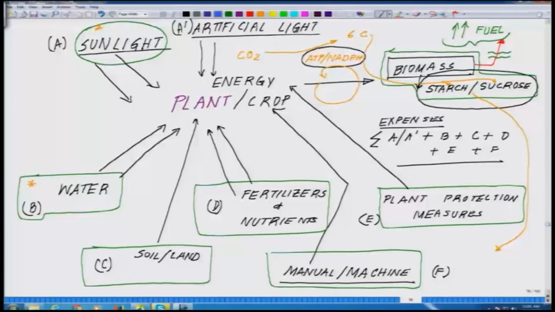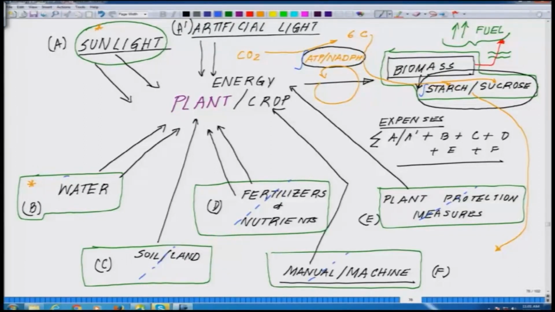If you look at the first slide that I showed you in the beginning of the class, we talked about the formation of the starch and the sucrose, followed by the ATP and NADPH and the whole expenses. Of course, barring a few parts, we did not talk about those.